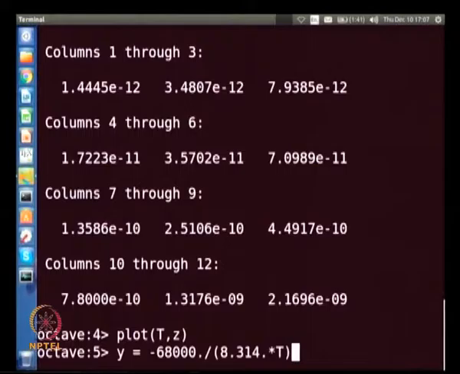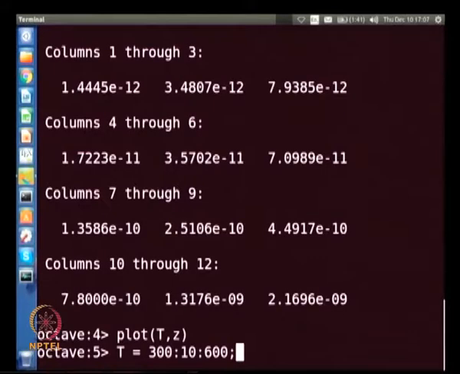Sometimes I do not want things on the screen, so I will show you a small trick which helps avoid printing to the screen. If I say 300 to 600 go in steps of 10, but do not show me the output on the screen, you just have to put a semicolon at the end.